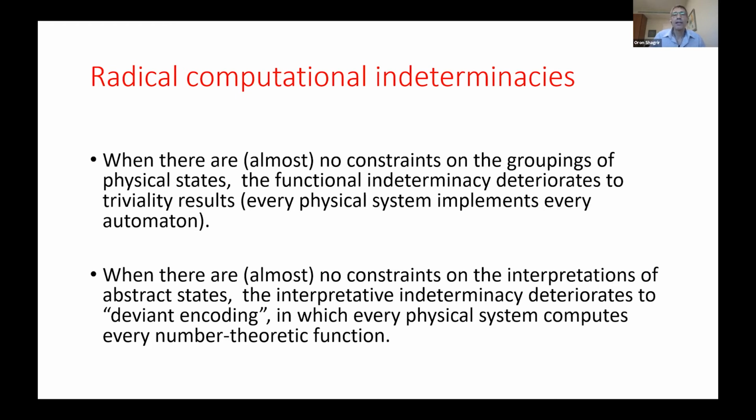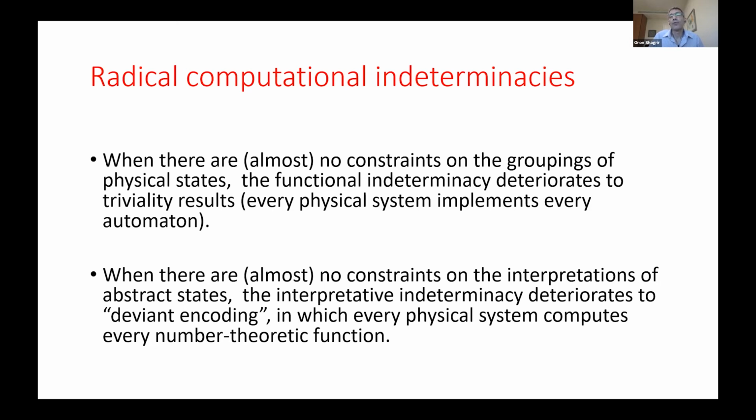The first one is the results of Putnam and Searle that are known today as triviality results. And we get these indeterminacies when we put no constraints on the groupings of physical states.